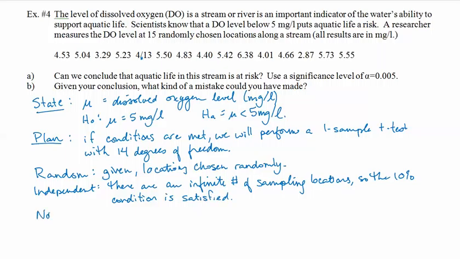And for normal, n equals 15, so we must examine the data. So we're going to use our calculator.